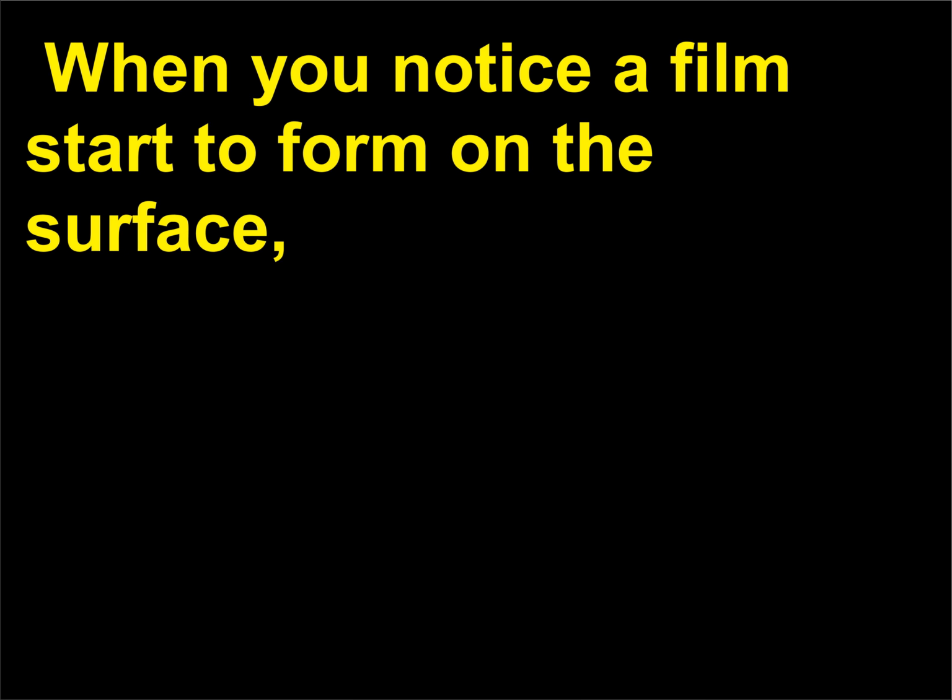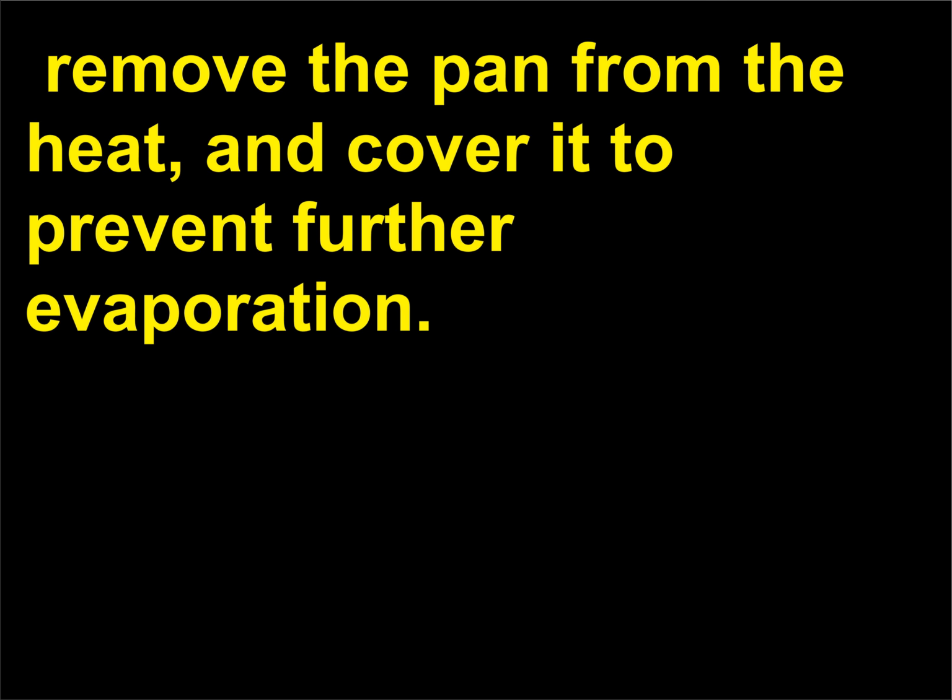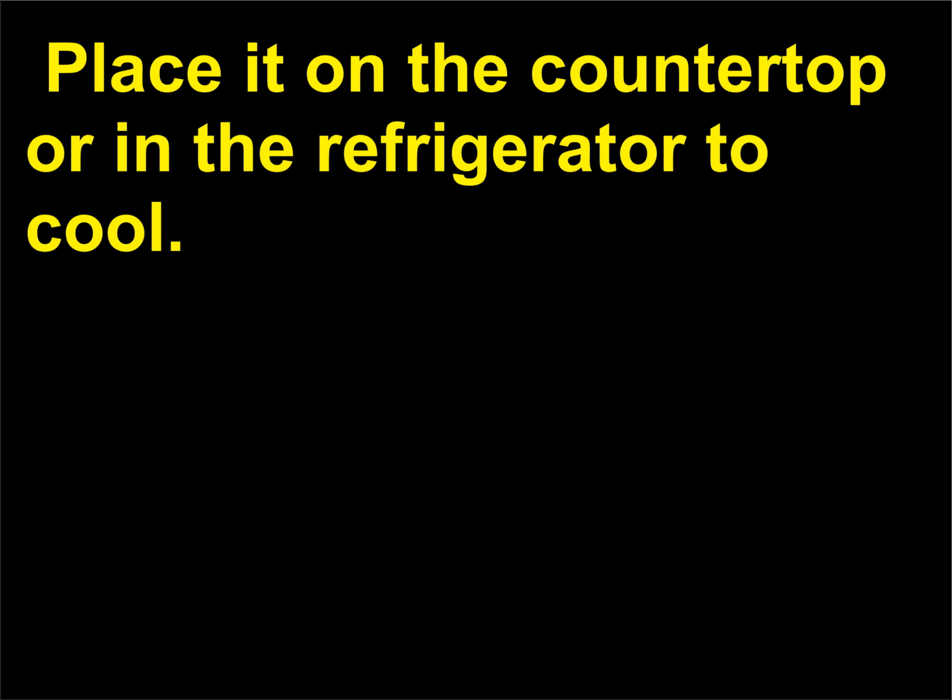When you notice a film start to form on the surface, remove the pan from the heat, and cover it to prevent further evaporation. Place it on the countertop or in the refrigerator to cool.